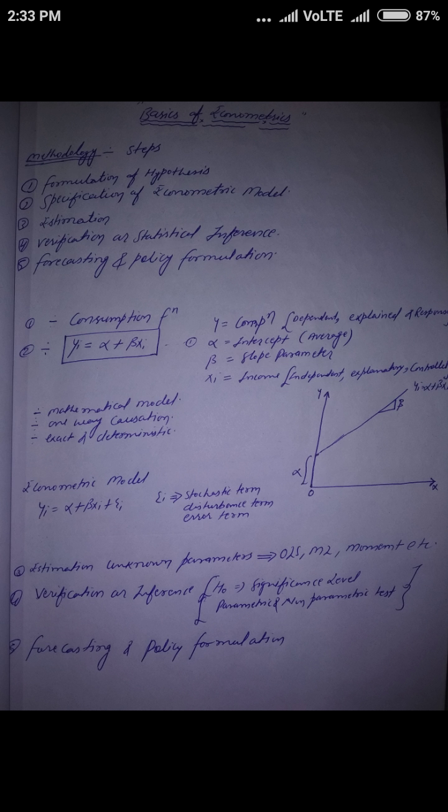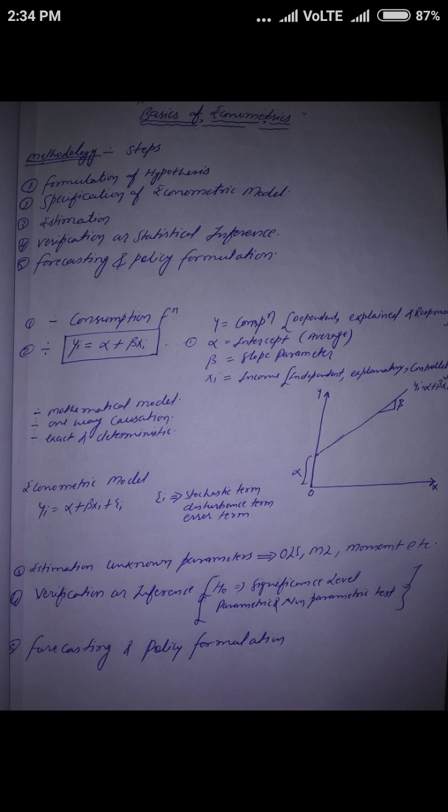But there is a problem with that mathematical model because it shows only one-way causation, a linear causal relationship between the variables. Income may not be the only factor that affects our consumption level; there may be various variables or factors that affect our consumption level.